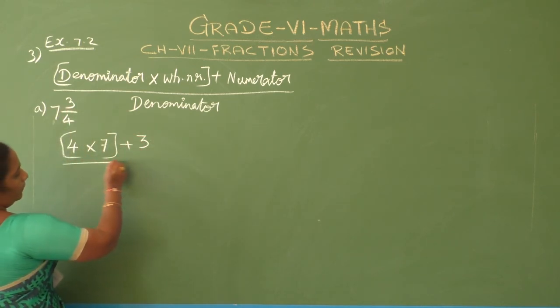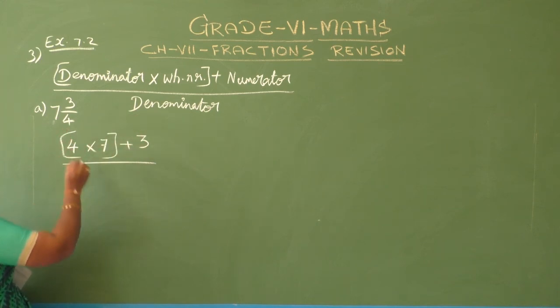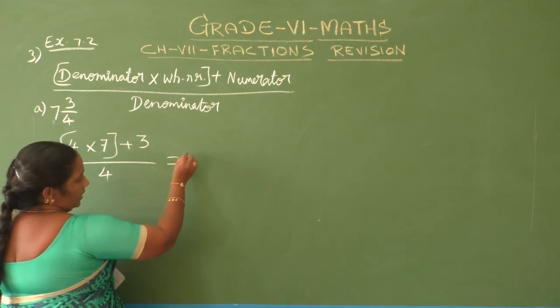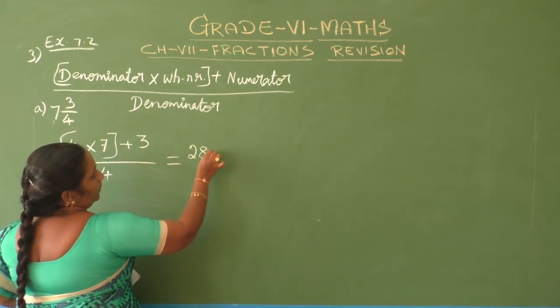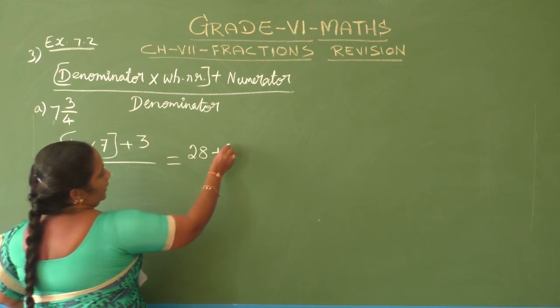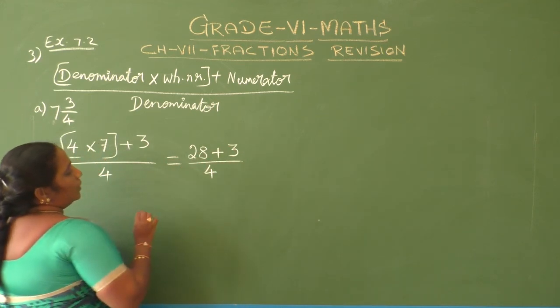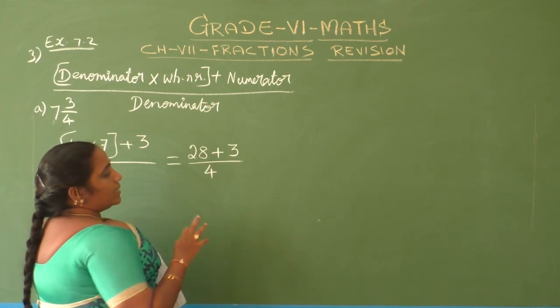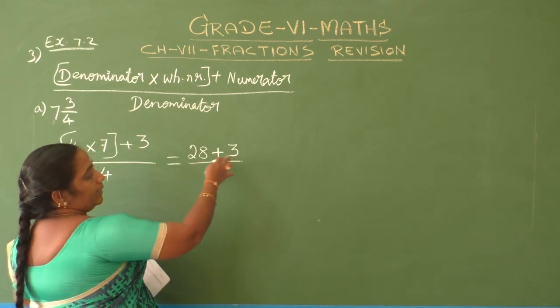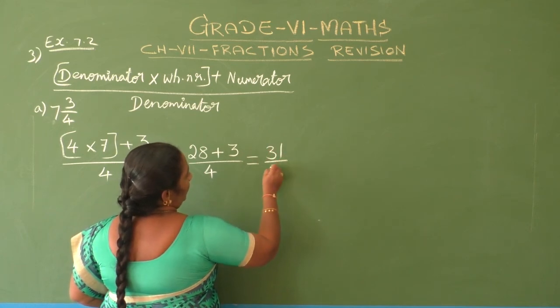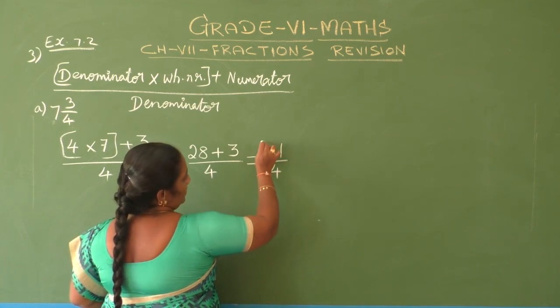So 3 by, again, the denominator, which is 4. 4 sevens are 28, plus 3 by denominator 4. Then 28 plus 3, we have to add that number, no? 28 plus 3 means 31 by 4. This is our answer.